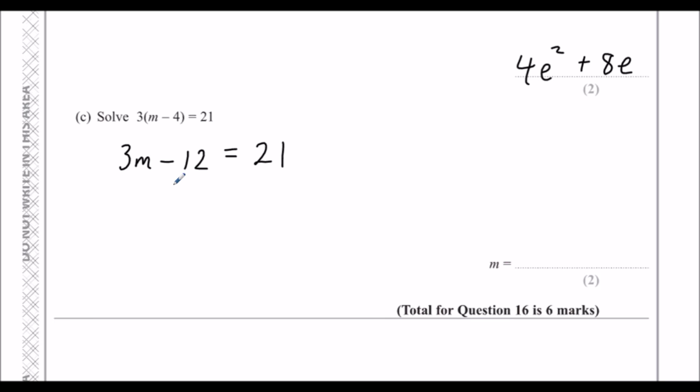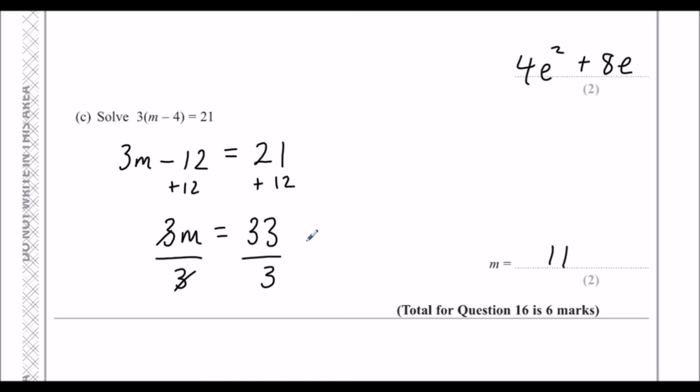And we'll do that by plussing 12 to both sides. So then the 12's gone, which leaves us 3m equals 21 plus 12, 33. And then divide both sides by 3. So m equals 33 divided by 3, 11. M is 11.